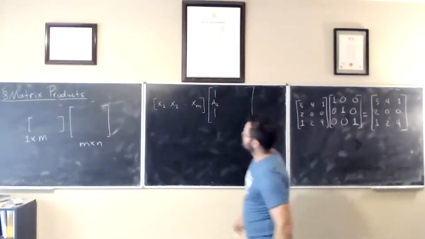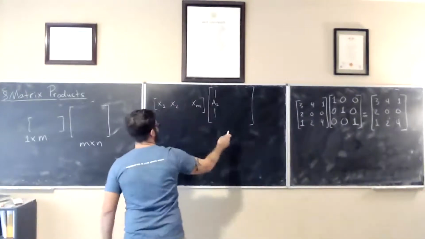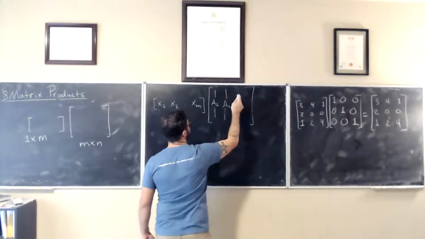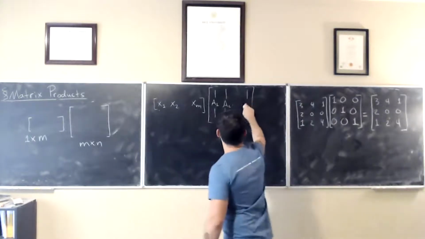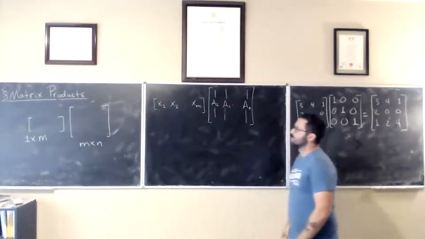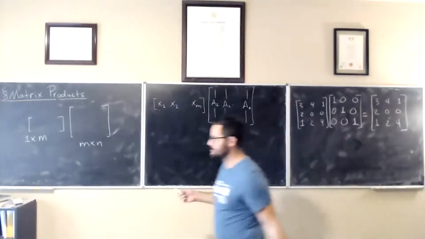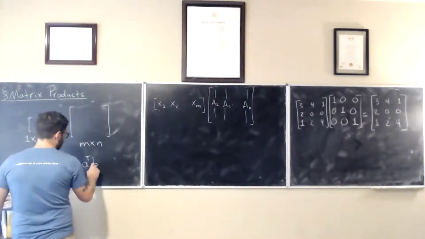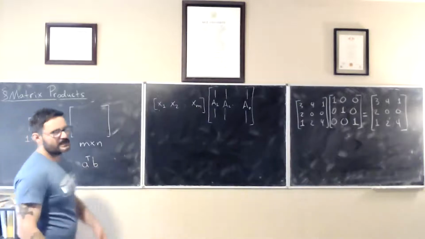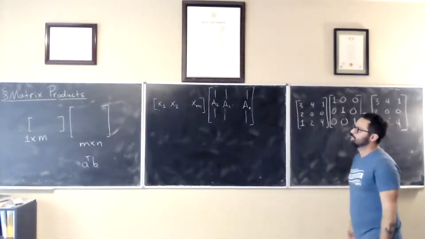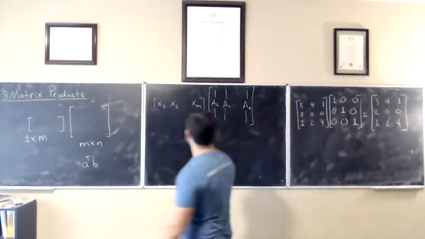What is a row times a column? We already know what that is. Remember the whole row times a column? It's just a number, right? It's a number.